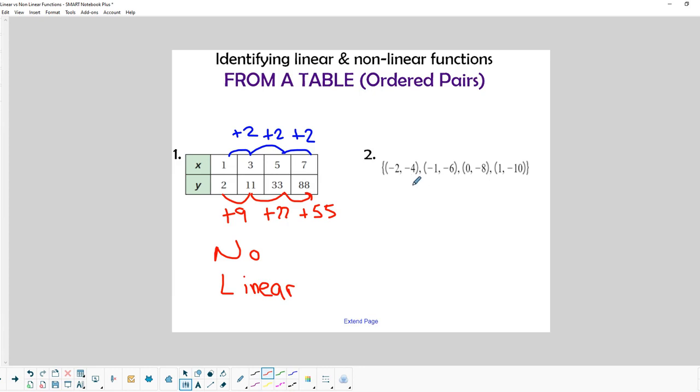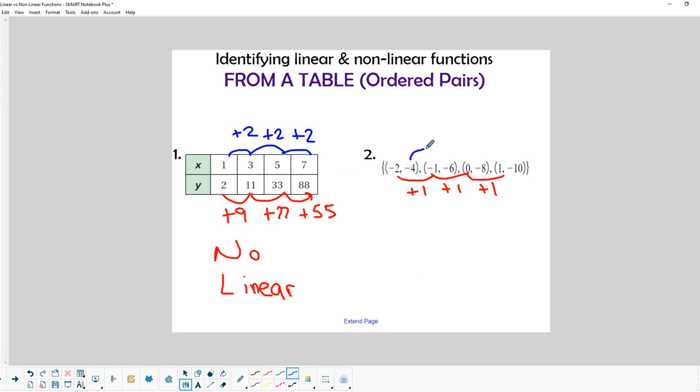So let's check this next one out. Change in x to go from -2 to -1, that's a bump up of 1. To go from -1 to 0, that's a bump up of 1. To go from 0 to 1, that's a bump up of 1. So far, our x values are changing by 1. What about our y values?